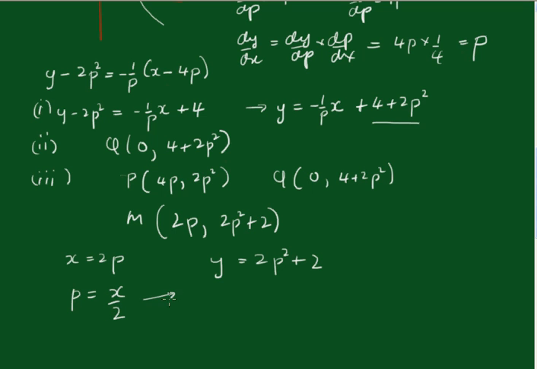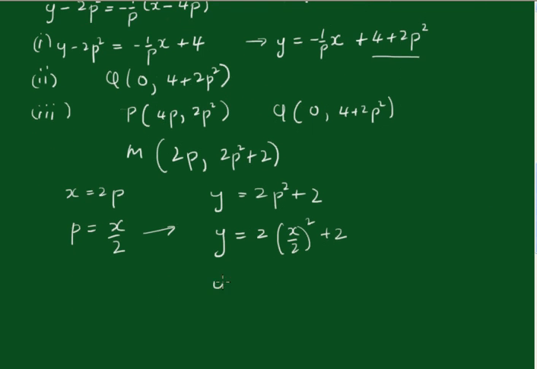So substituting that back into this one, y equals 2 times (x on 2) all squared plus 2, which gives me y equals 2x squared on 4 plus 2, which is y equals x squared on 2 plus 2, is the locus of M, which is another parabola.